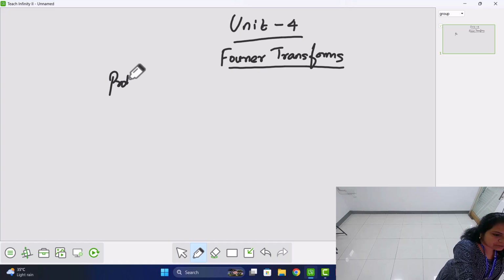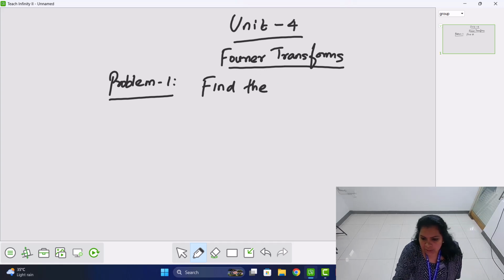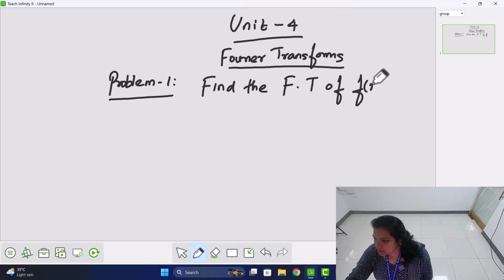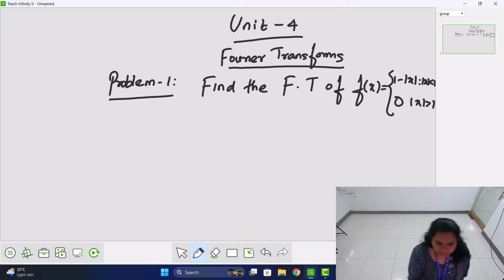Problems. So, the first problem is: find the Fourier transform of the function f of x, which is 1 minus mod x for mod x less than 1, and 0 for mod x greater than 1.